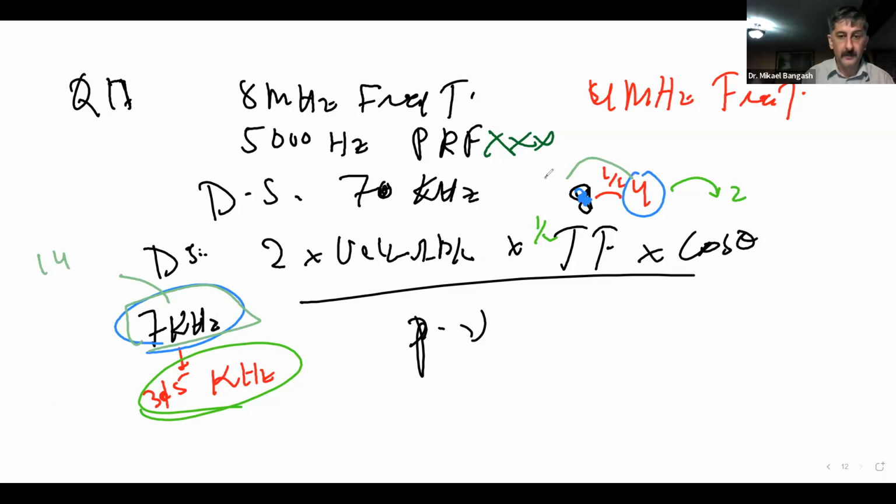If we double it to 8 megahertz, then the Doppler shift frequency is also going to double and become 14 megahertz, or 14 kilohertz. Did that make sense? Yeah. Good.